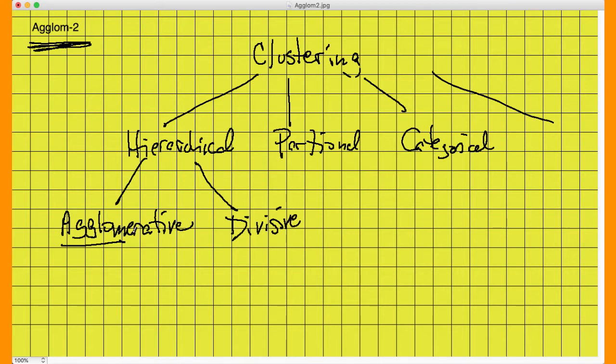And basically she says agglomerative is bottom up, where she says divisive is top down. There is this thing partitional. So we're not going to be talking about all these different things in here. In fact, we are just going to be considering two different clustering algorithms.